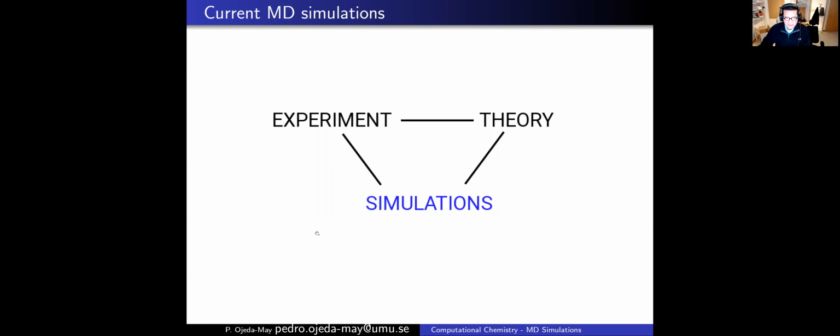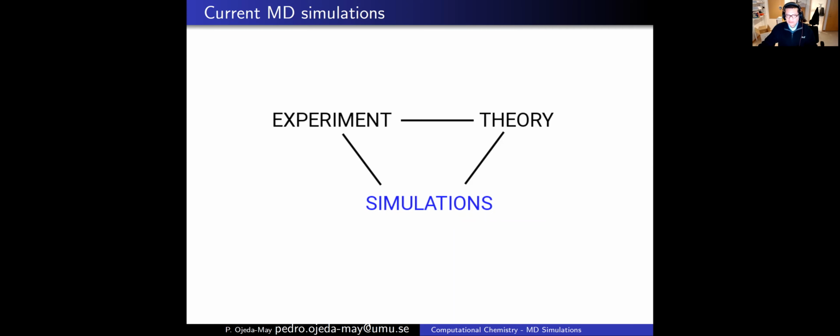So here I put how I see now the synergies between experiment, theory, and simulations. I remember that some years ago, if you submitted an article talking about experiments, then it was fine, for instance, in the field of biomolecular simulations.